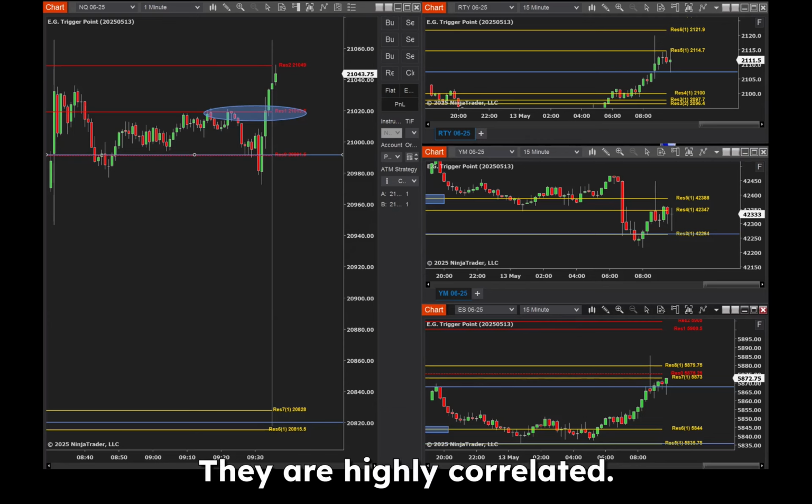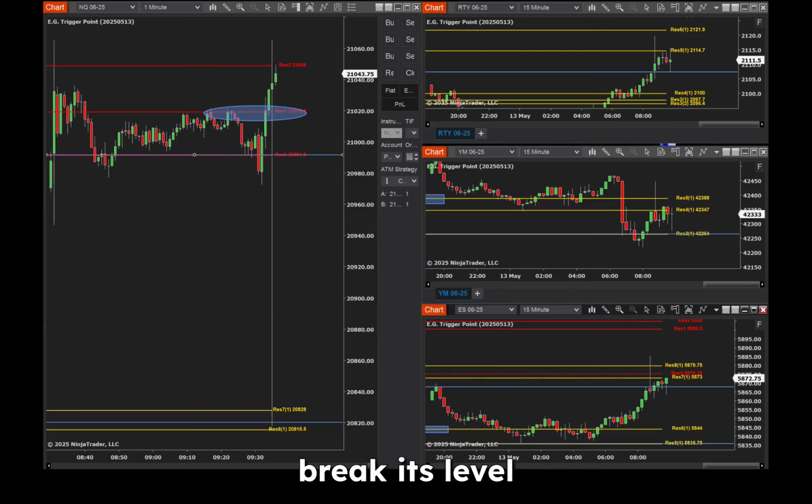They are highly correlated. NQ wants to go down since it hit its resistance. ES wants to go up since it hit its support. At this point, they disagree. This is the contradiction. And what is the result of contradiction? That one of them will break its level, since they have to follow.